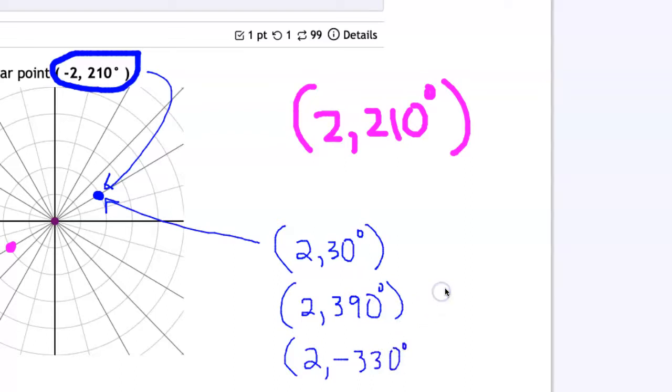And then, of course, you can add any multiple of coterminal angles onto this value. Or we could use the negative 2 and add multiples of 360, or subtract multiples of 360 to the 210, and we could end up with an infinite number of options here. So there's actually an infinite number of possibilities for how you could write that single point.